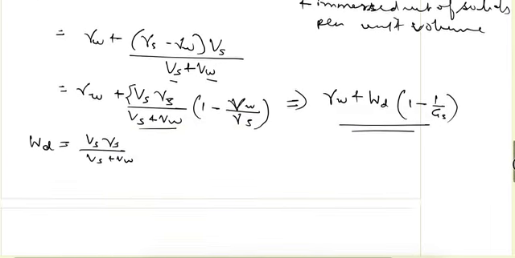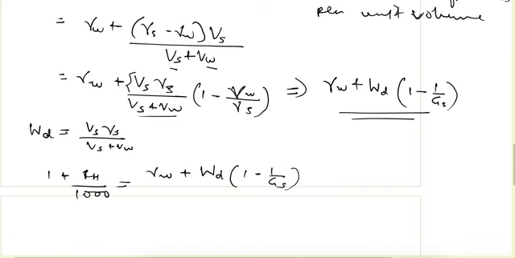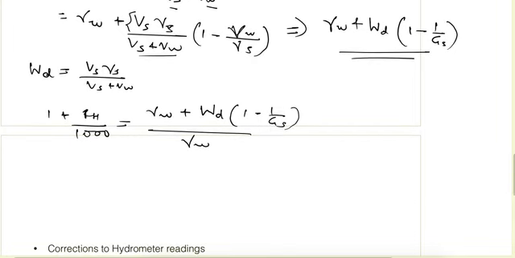So from there we'll get 1 plus RH upon 1000 is equal to gamma w plus Wd times (1 minus 1 upon Gs) upon gamma w, and from here RH by 1000 is equal to Wd upon gamma w times (1 minus 1 upon Gs).